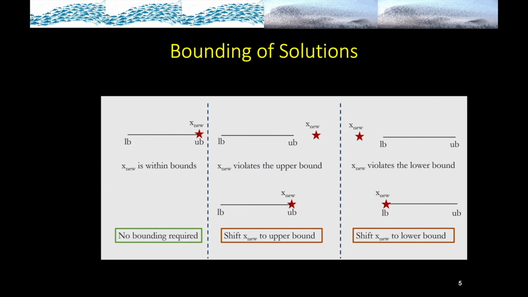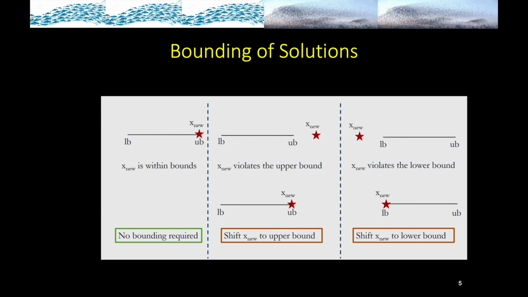Similarly, another case that can occur is if you violate the lower bound in your new solution, and in that case you need to shift the new solution to the lower bound.